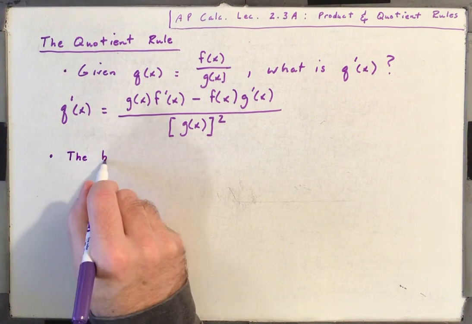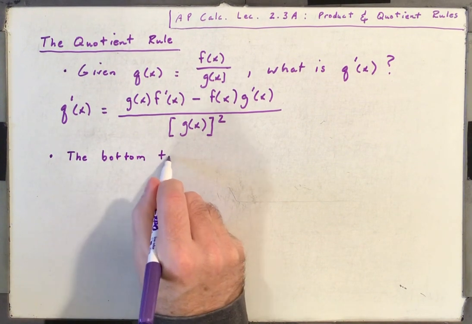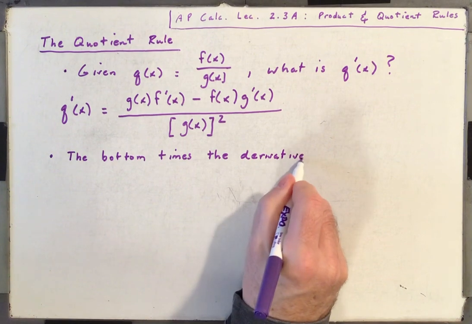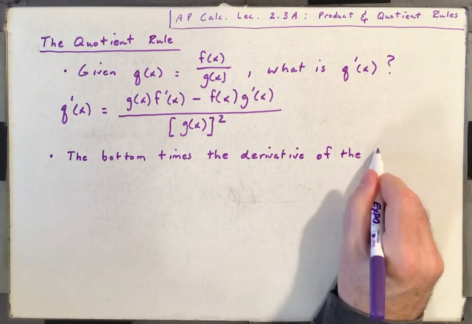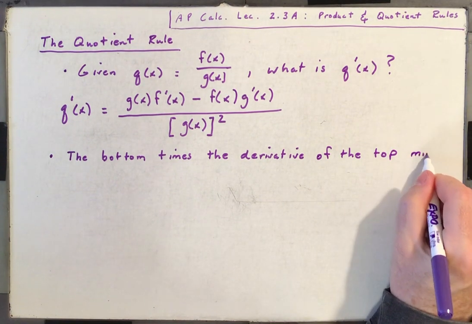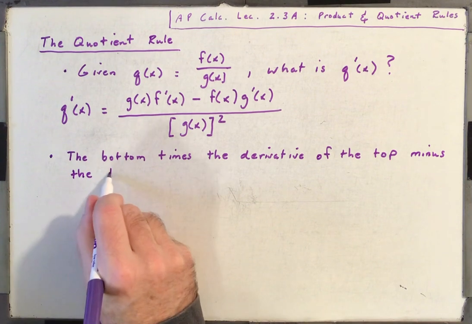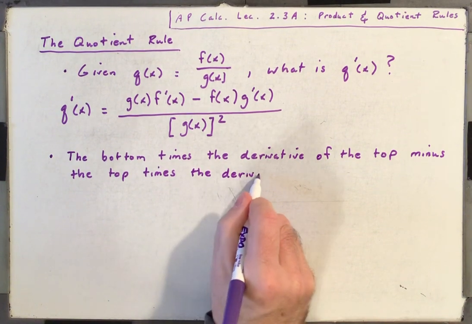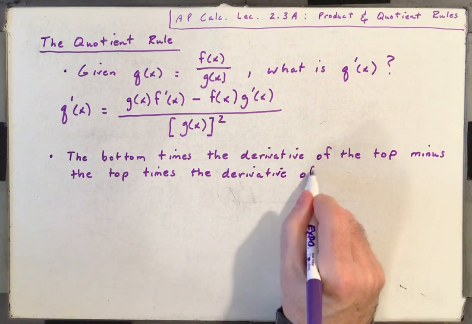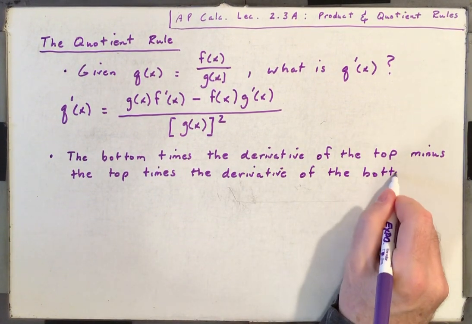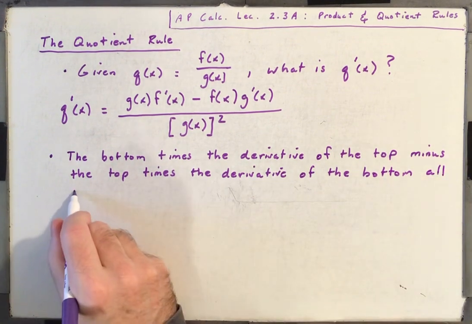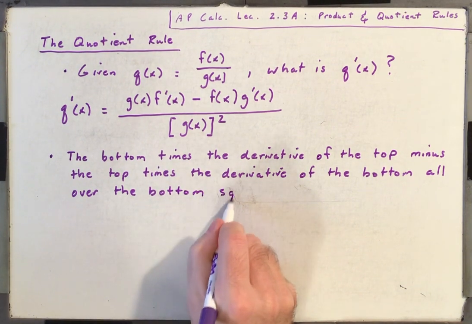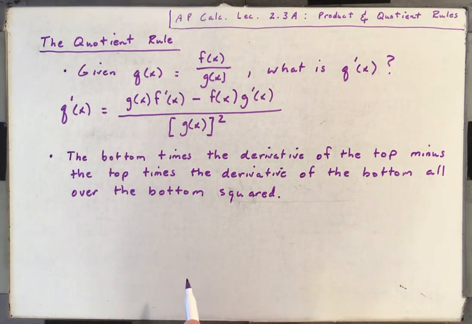It's the bottom times the derivative of the top minus the top times the derivative of the bottom, all over the bottom squared. So after you do a few of these, you'll have it all memorized.